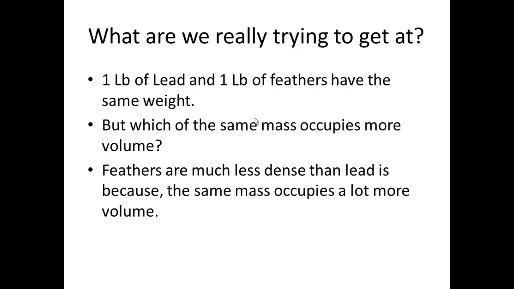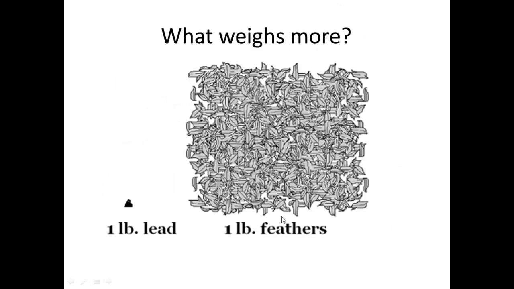So what we're really trying to get at, 1 pound of lead and 1 pound of feathers, they have the same weight. They both weigh 1 pound. But which of the same mass occupies more volume, Renee? Which takes up more space? The feathers take up a lot more space than the lead.